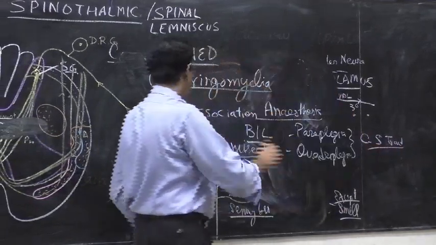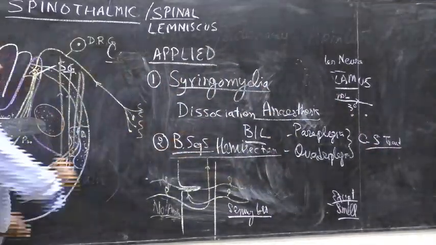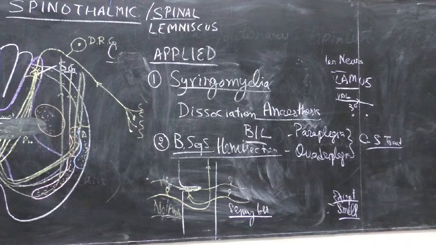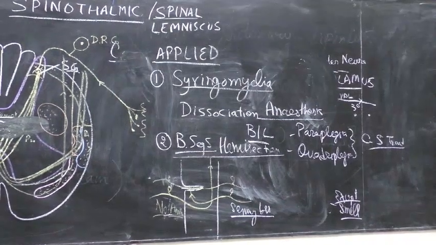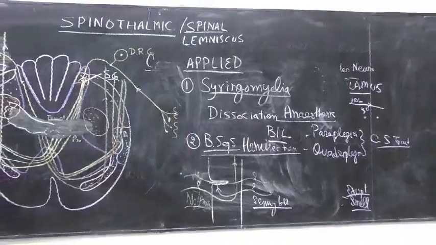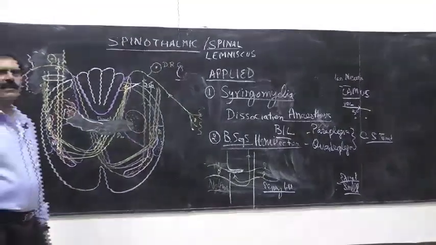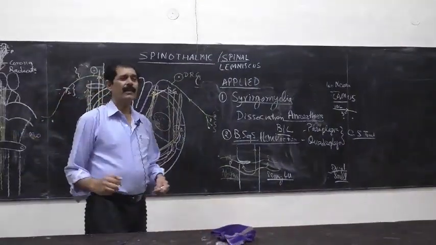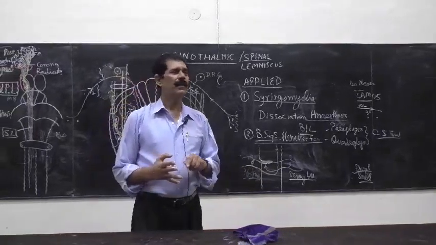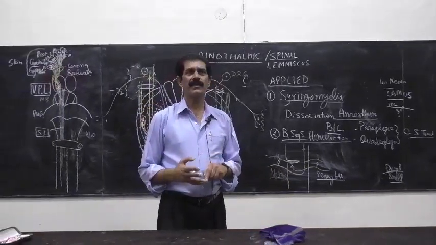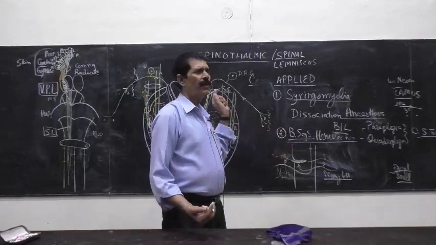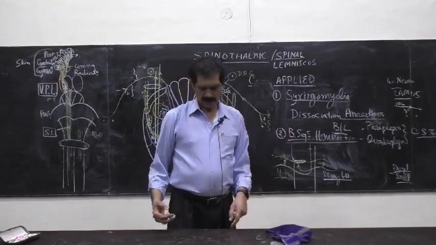And that is also bilateral, both sides. So there is a loss of muscle contraction. So this is how we finish with the spinal lemniscus. Whenever a question on the spinal lemniscus comes, you have to give the full detail of the course and everything. Thank you.